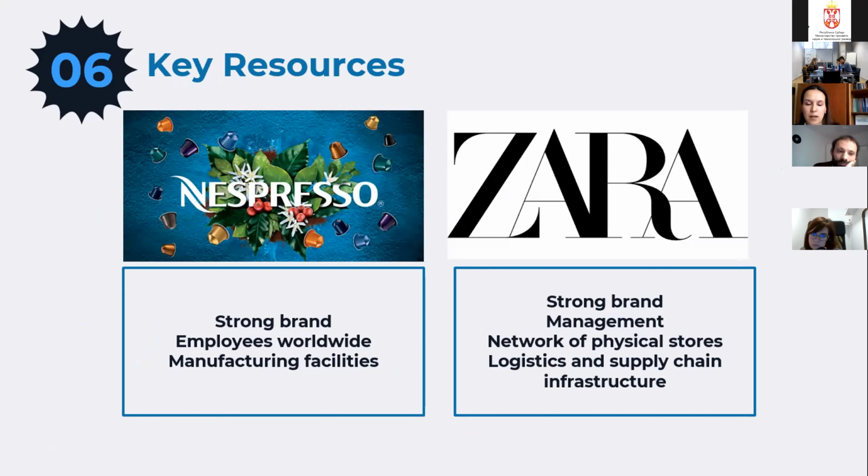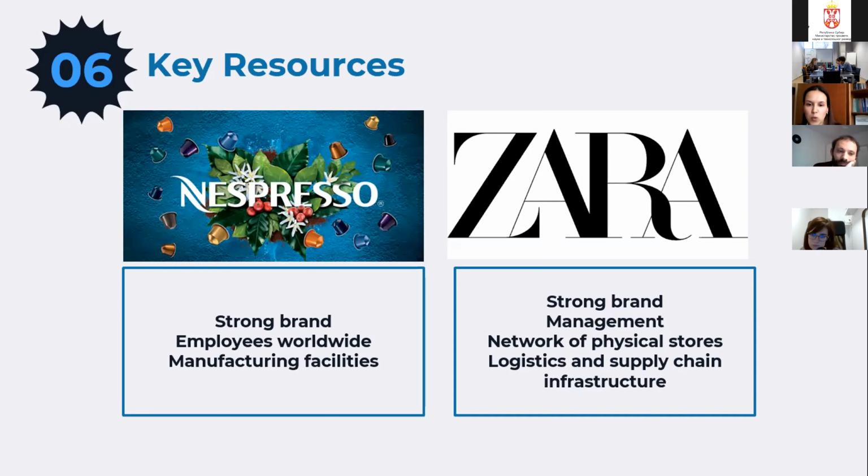Nespresso has 3 key resources: a strong brand as an intellectual resource, employees, and manufacturing facilities, while in the case of Zara, key resources are a strong brand, management, a network of physical stores, and logistics and supply chain infrastructure.